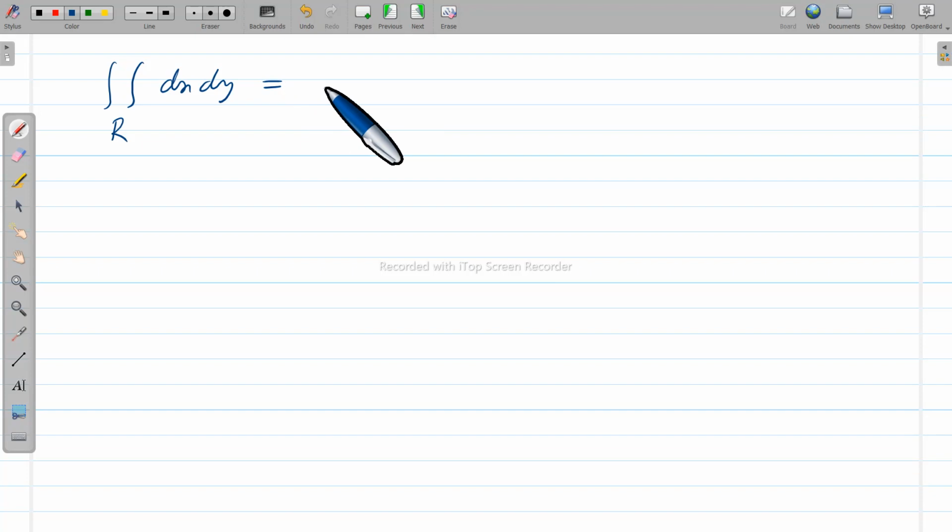So directly you may write the new R dash, which is the region bounded by the variables u and v and the curves, so it should be J du dv.